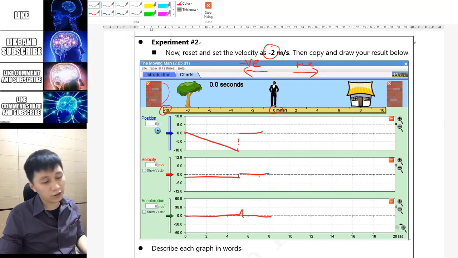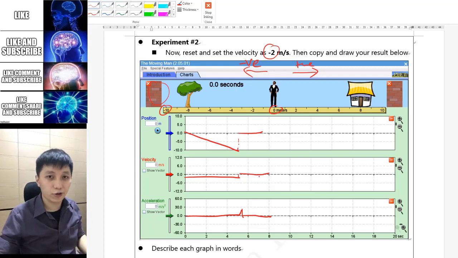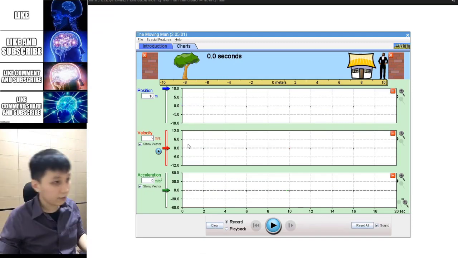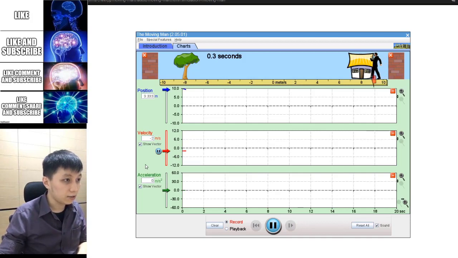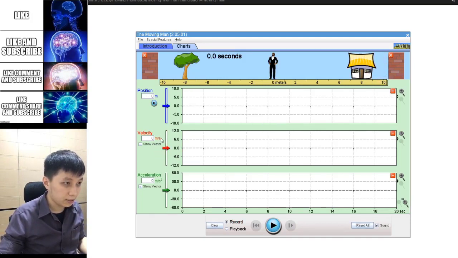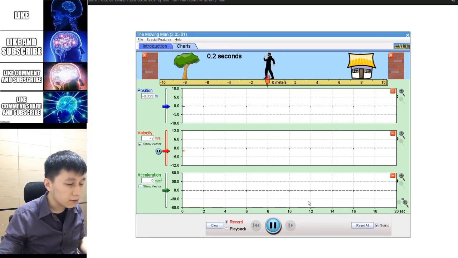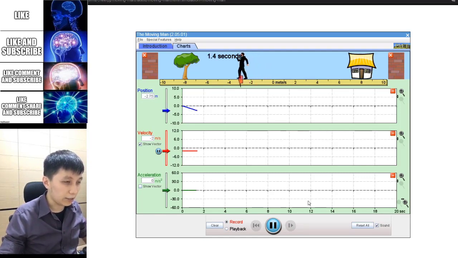So let's go and check if my prediction is correct. Okay, so I guess we have to clear it and then put down -2 and start. Oh, I have to reset the position as well, so maybe I reset. -2 and yeah, hopefully this is how it looks like.